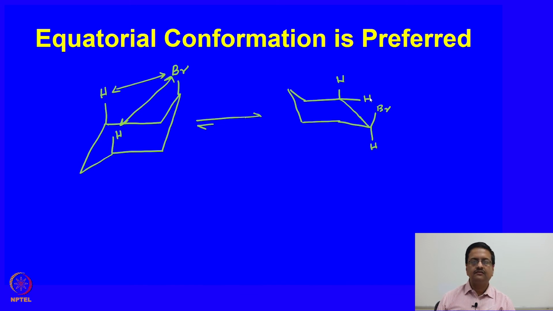So if we try to draw these two conformations using Newman projection through this bond, what should it look like?